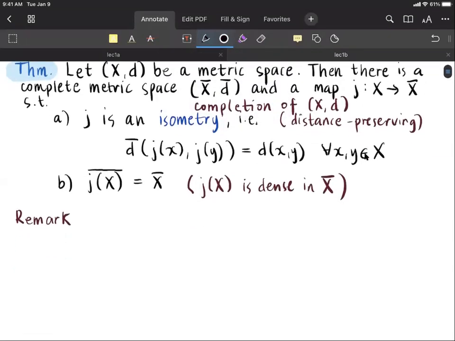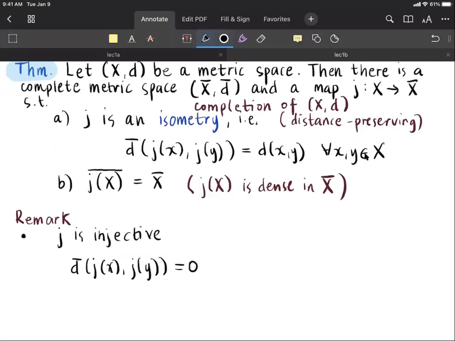An isometry is automatically an injective map. Well, to see this, you could check by definition.